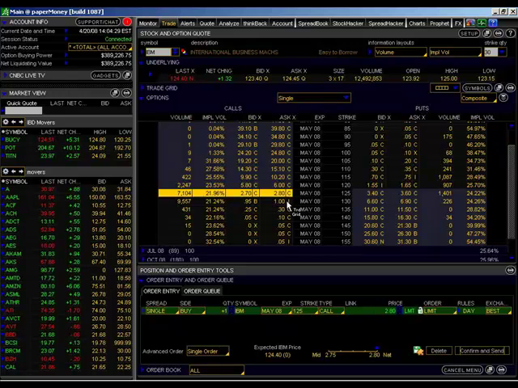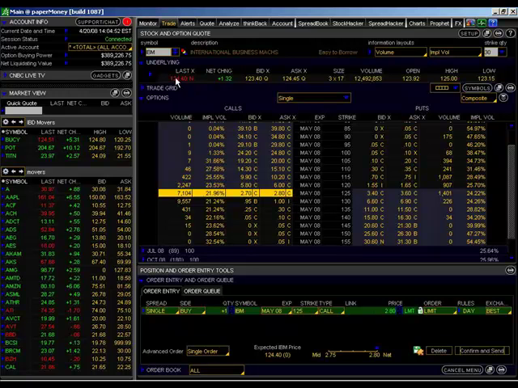Well, you can simply take a look at what happens to this option if it goes $5 further in the money. All of the options on this gray-blue screen are in the money. That means the options are trading at a strike price below the current price of the stock.